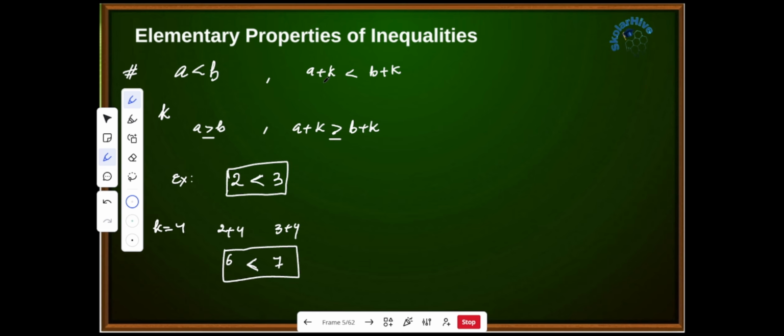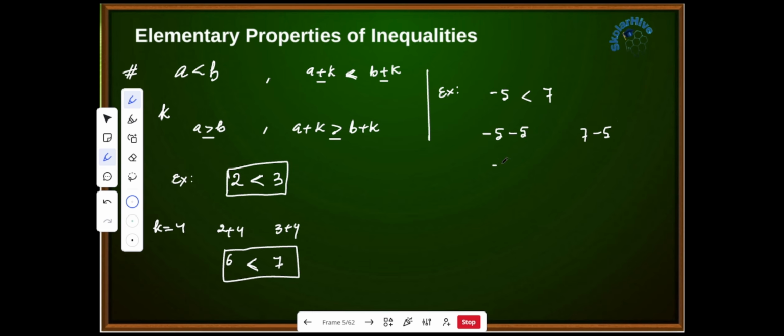Likewise, instead of adding, if we are subtracting the same quantity on either side, then the inequality symbol does not change. See an example over here. Let's say we are given minus 5 less than 7, and if we subtract 5 from both sides, so minus 5 minus 5 and 7 minus 5.